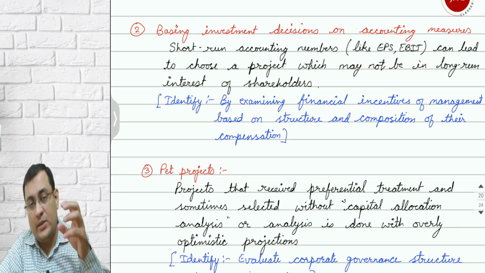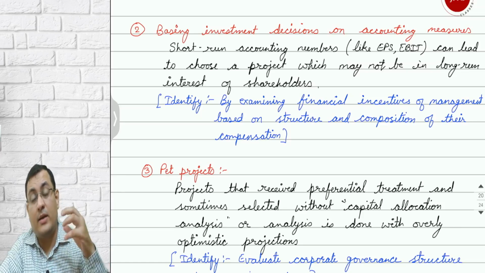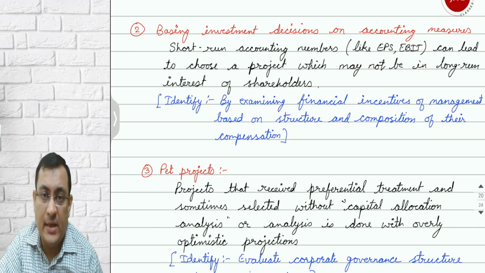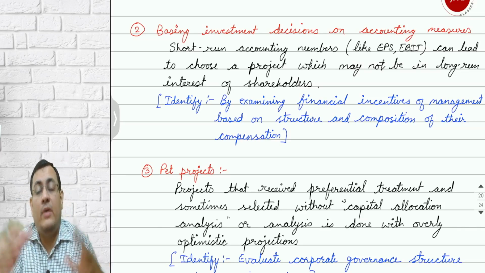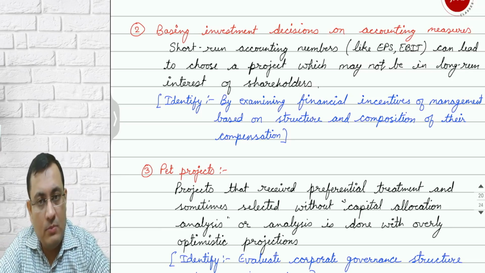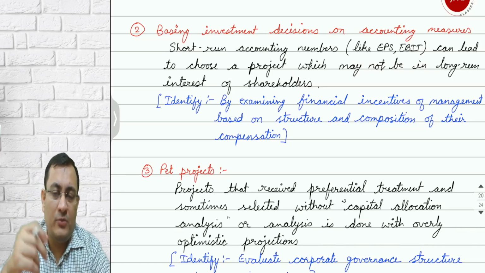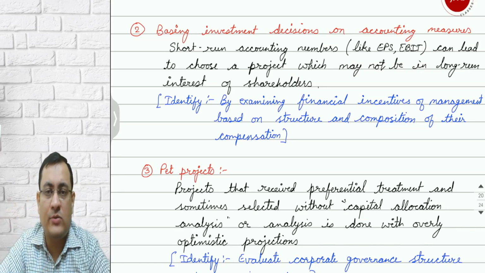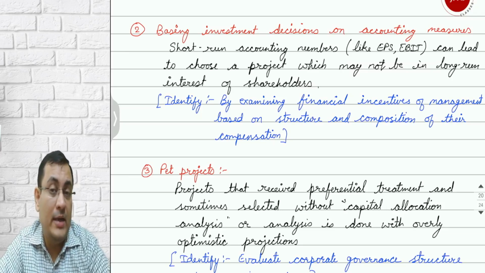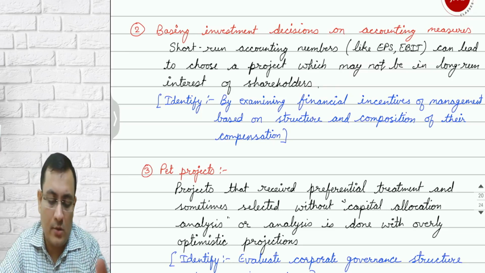If management's remuneration, their incentives, are connected to EPS and MPS, of course they will try to maximize EPS and MPS, which may not be very good in the long run for the overall organization. So by checking the composition of management remuneration and incentives, we can identify whether the investment analysis is done with this bias or not.